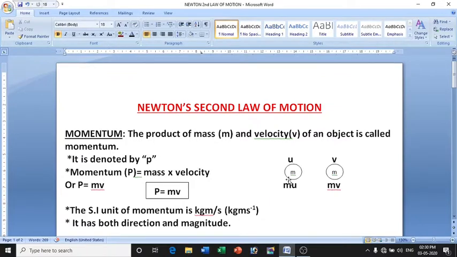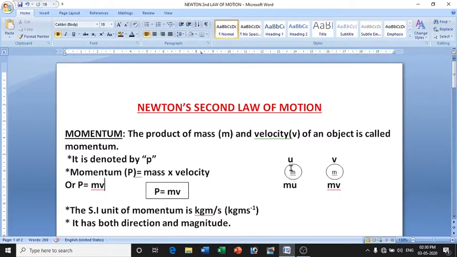Suppose an object of mass m is moving in a straight path. At that time the initial velocity of that object was u, and after a time t the velocity changed to v. The same object has mass m here also.